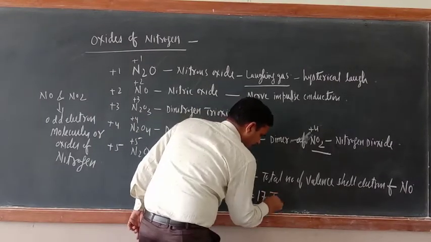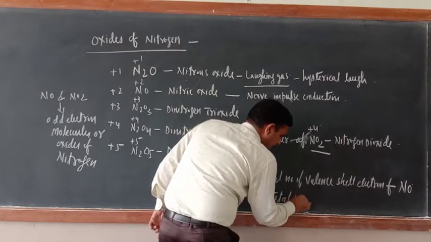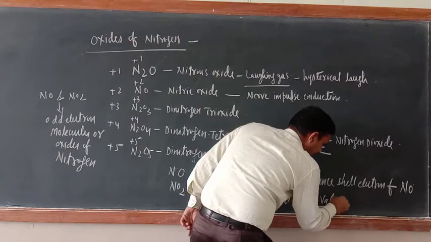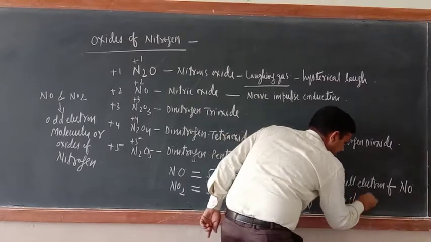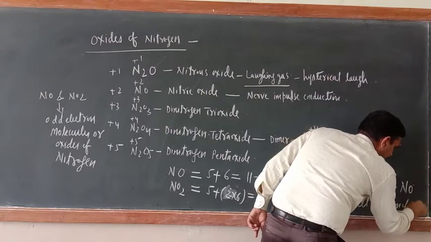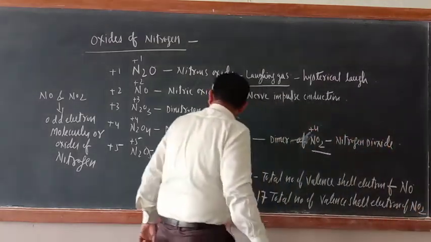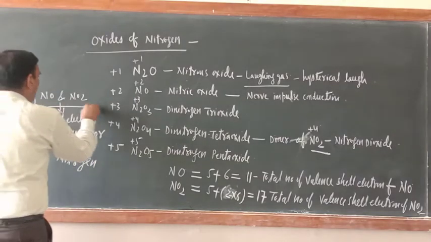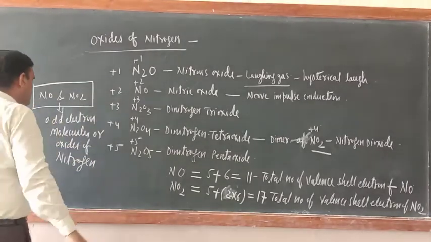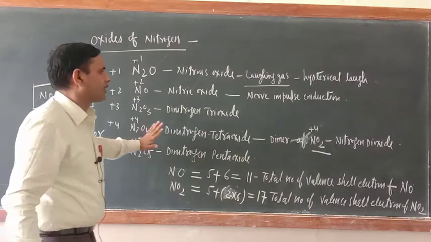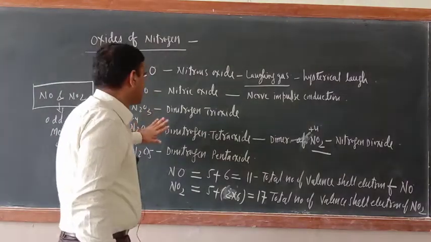This is the total number of valence shell electrons of NO2. So remember, NO and NO2, these are odd electron oxides of nitrogen. So this is the information.